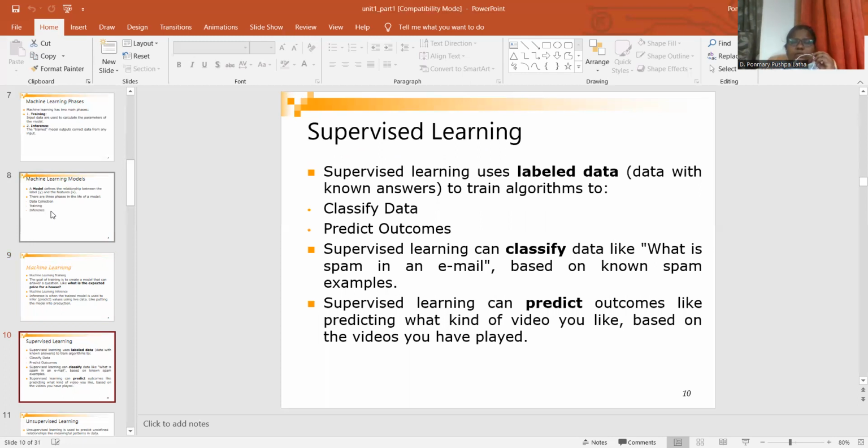Supervised learning uses labeled data. Okay. So it classifies the data and predicts the outcome. For example, in supervised learning, you can say what is spam in an email based on known spam examples.